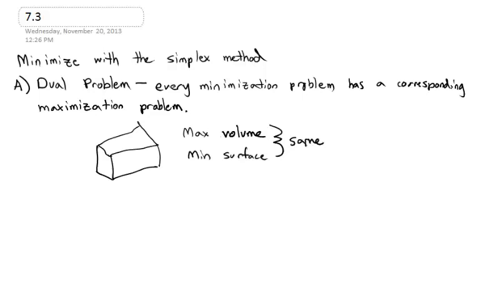And it turns out the solution to both is a cube. A cube has the most volume for the minimum surface area.